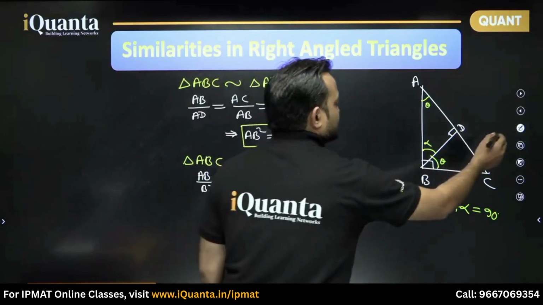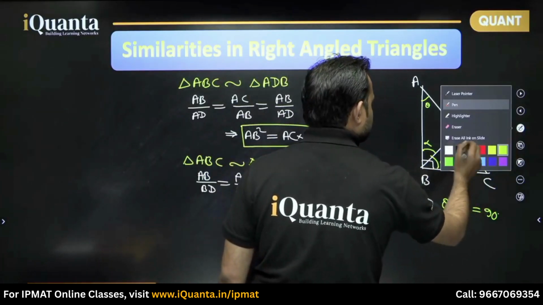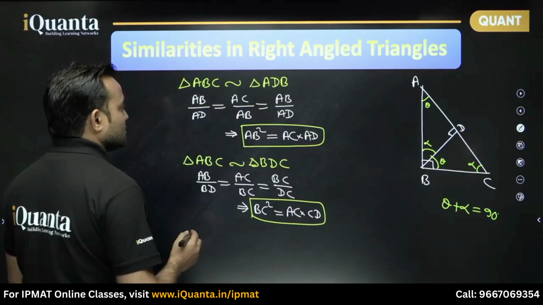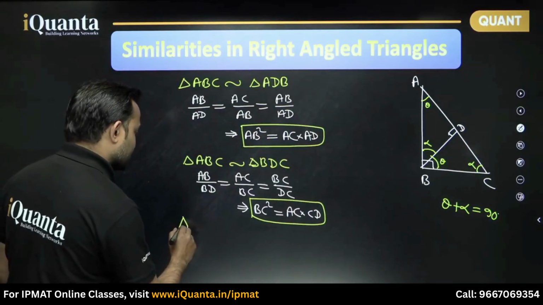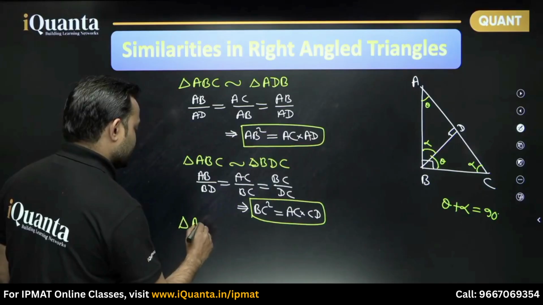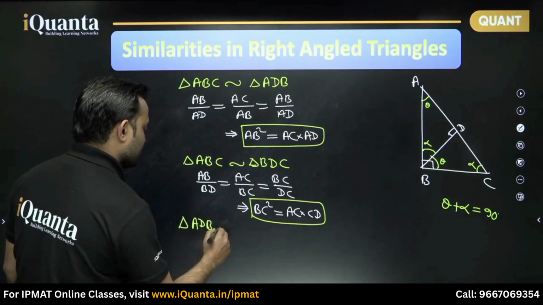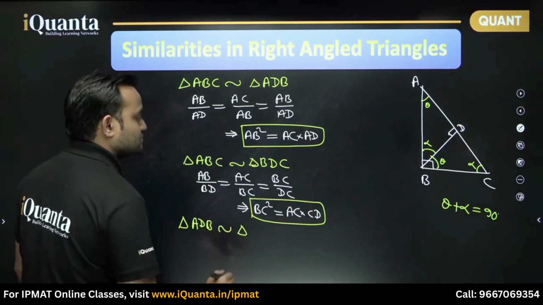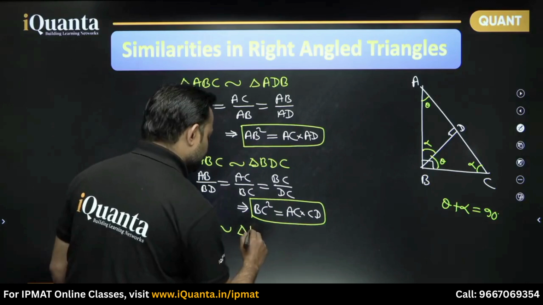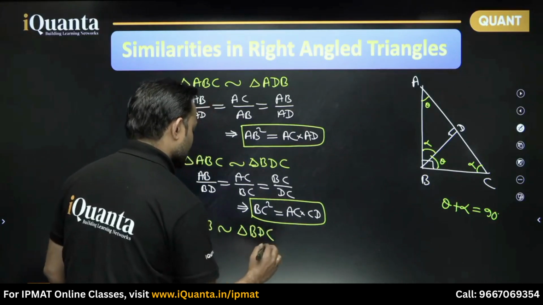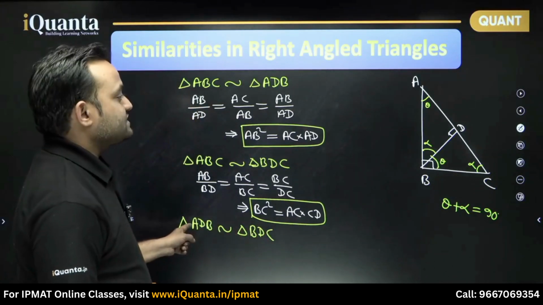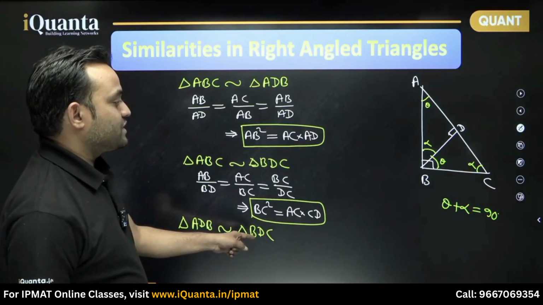Okay. Now apart from this, there is one more result that we can look at, that triangle ADB will be similar to triangle BDC. D is 90 degrees, A is theta, in this case angle B is theta.